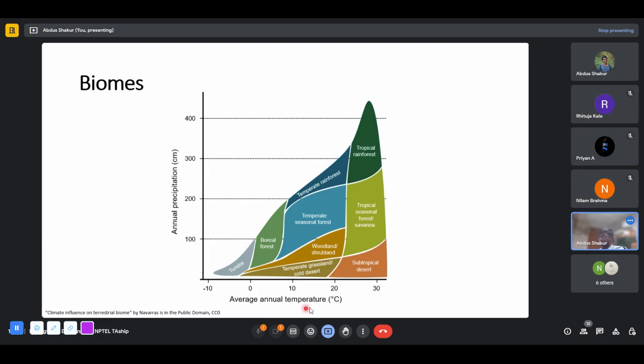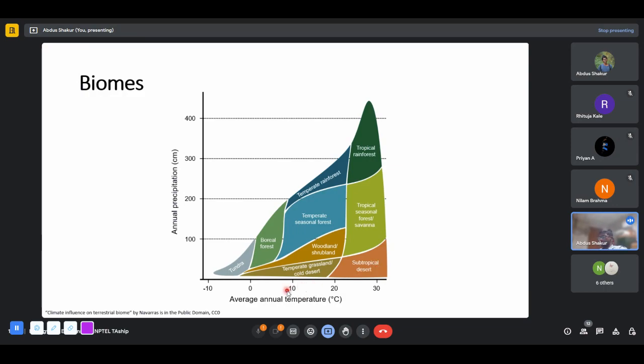Temperature and rainfall. So, for instance, if you have higher temperatures but very low rainfall, what you have is a subtropical desert. For instance, the Sahara Desert or the desert in India, right? That comes under the biome subtropical desert.